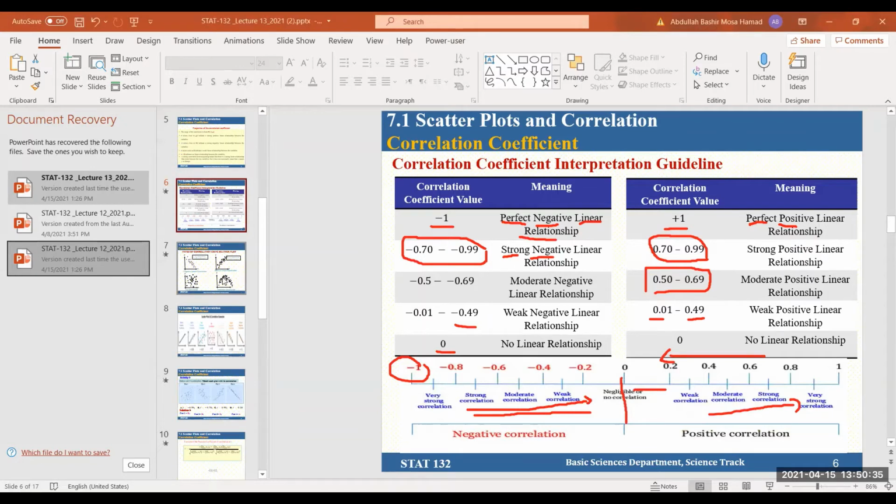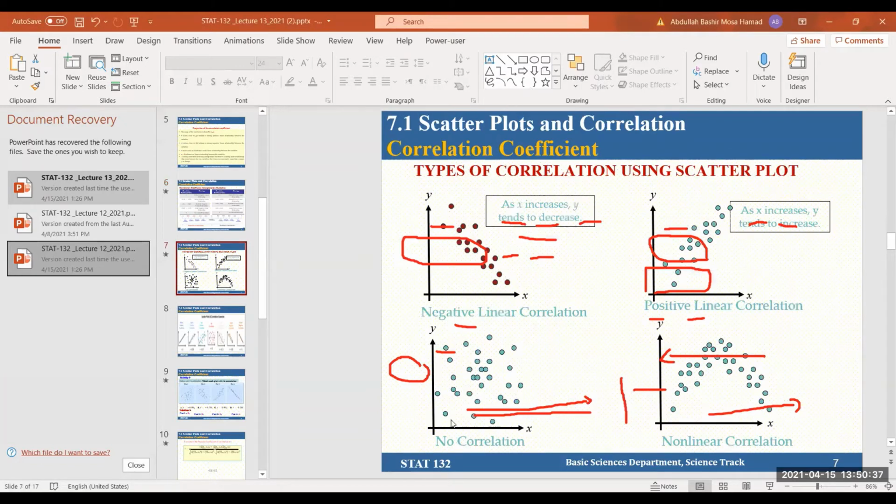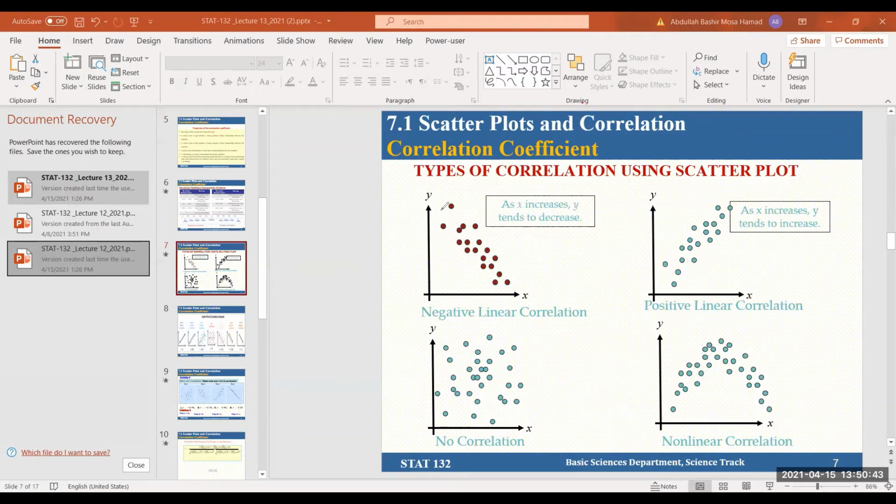Let's see this. This is negative: as x increases, y decreases, so it is a negative linear correlation.